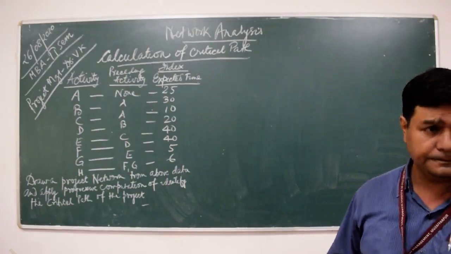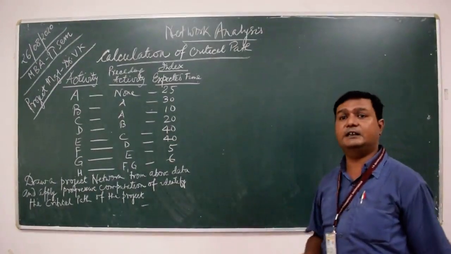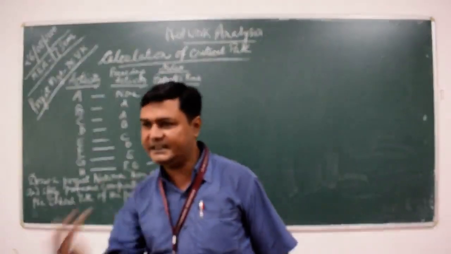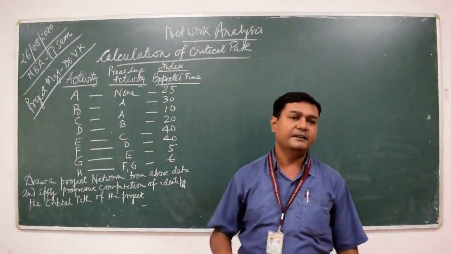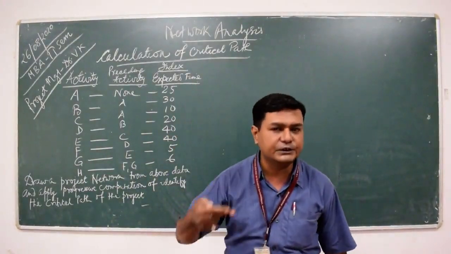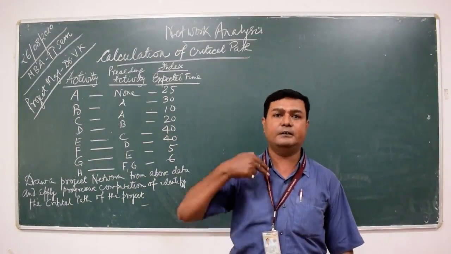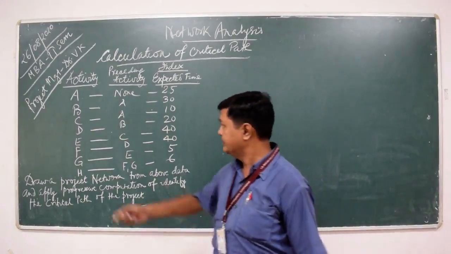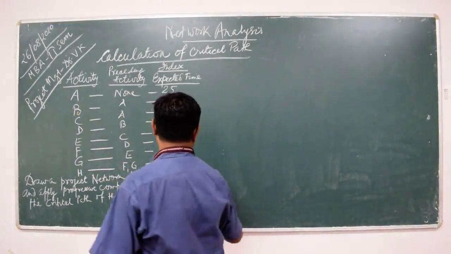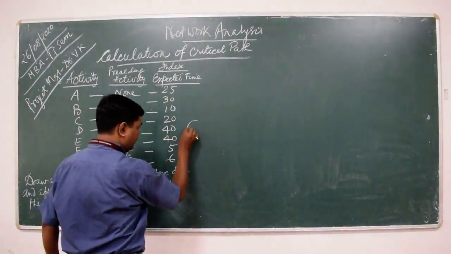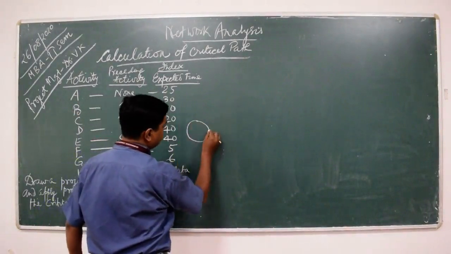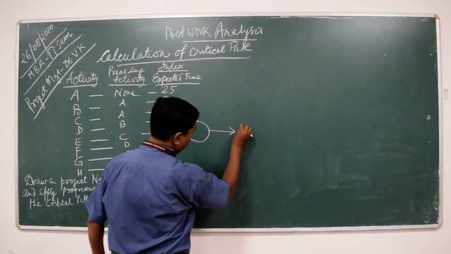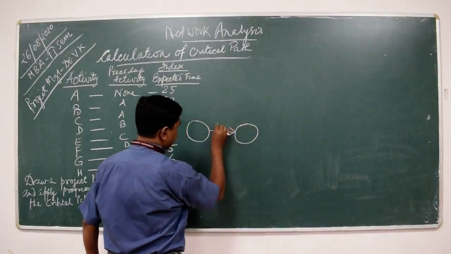It means if any activity has no preceding activity or event, it is the initial event, so the project network will start from here. So here I am drawing activity A. This is activity A.